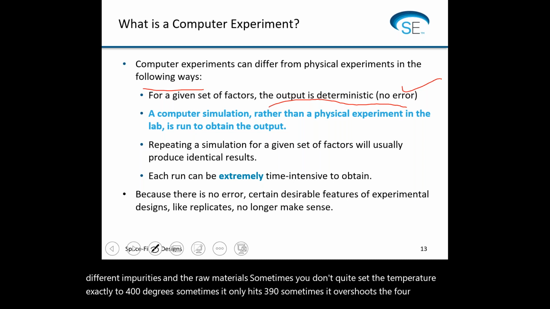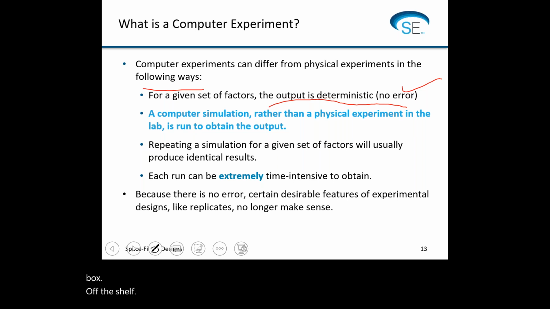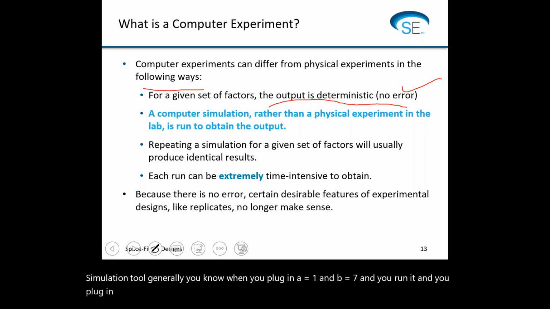But when you're doing a simulation and you're writing code, or using some sort of off the shelf simulation tool, generally when you plug in A equals 1 and B equals 7 and run it, and then plug in A equals 1 and B equals 7 and run it again, you get the same exact answer.